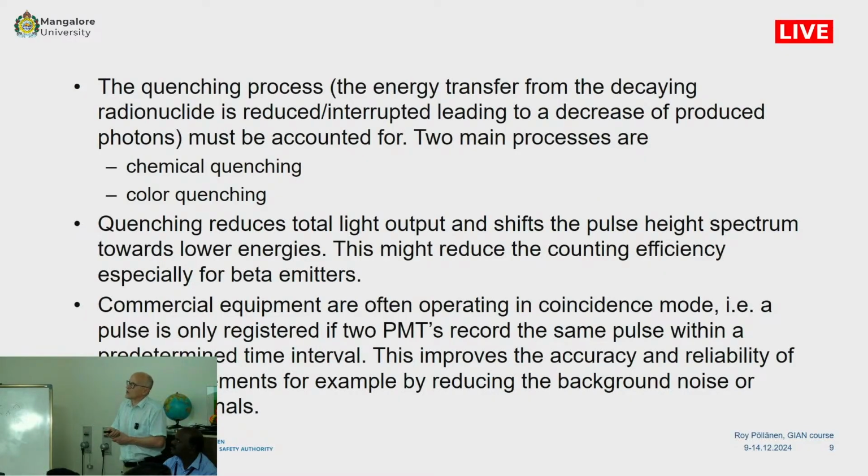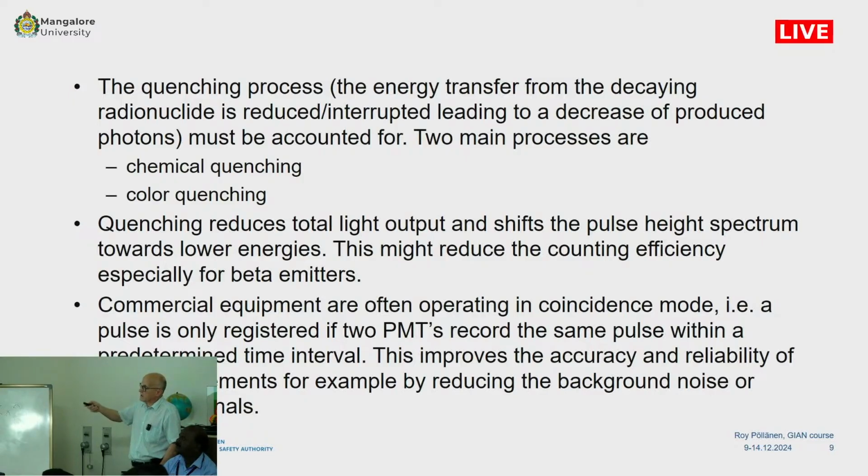So there is a quenching process which limits the applications. The energy transfer from the decaying radionuclide is reduced or interrupted, leading to a decrease of produced photons. And this quenching process must be taken into account.